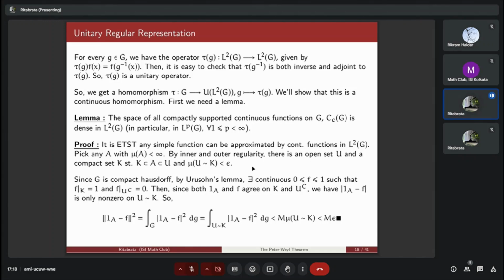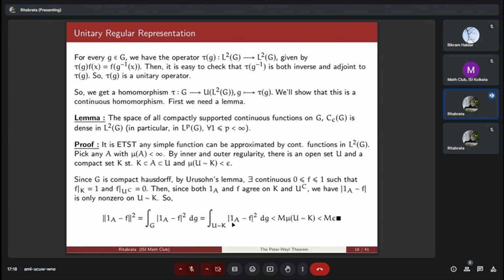Then both the indicator and f agree on K and on U complement. So you can directly say that the difference |1_A minus f| is only non-zero on U minus K. Now we can estimate the norm of the difference between the indicator and the continuous function in the following way.